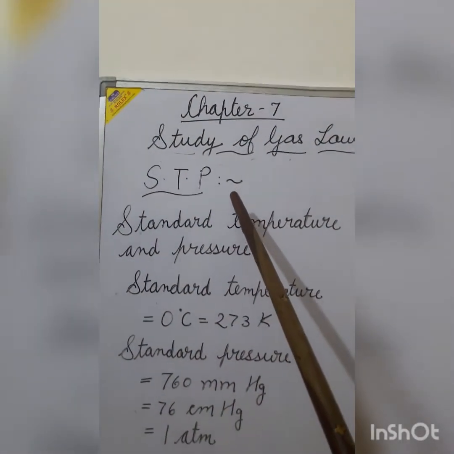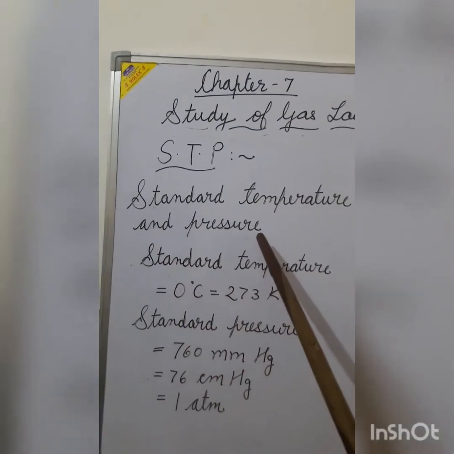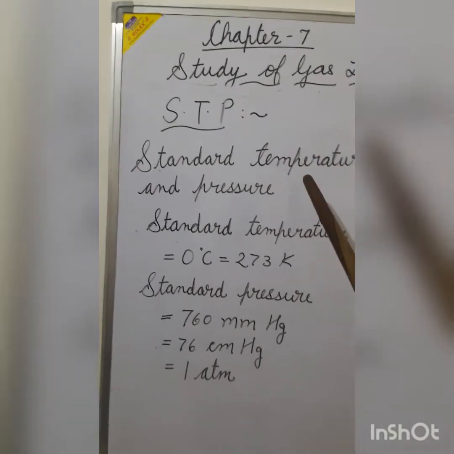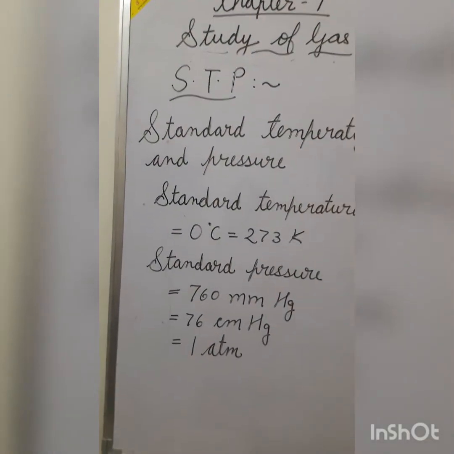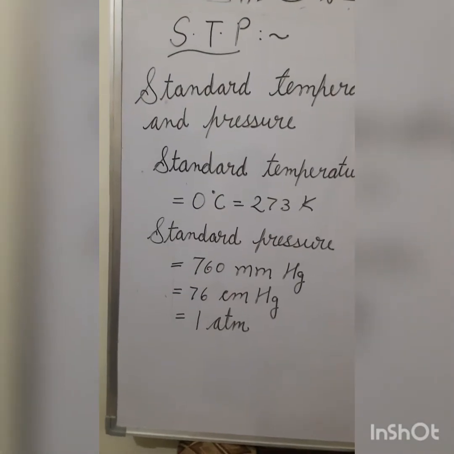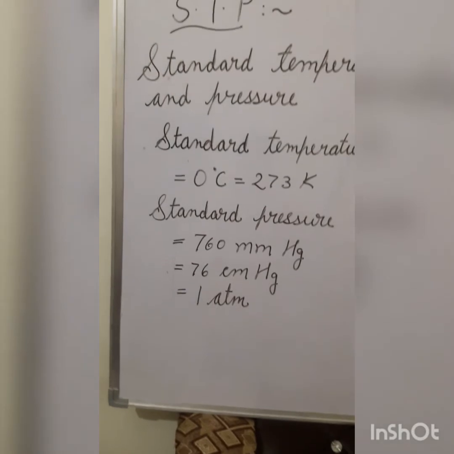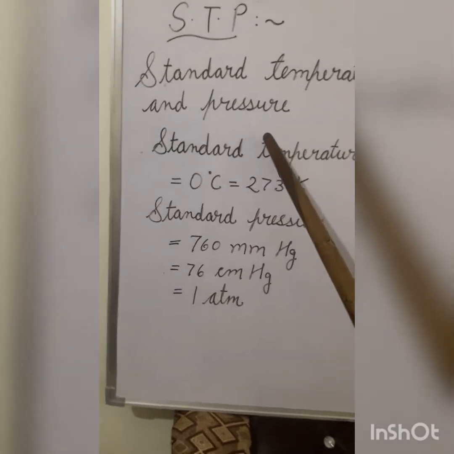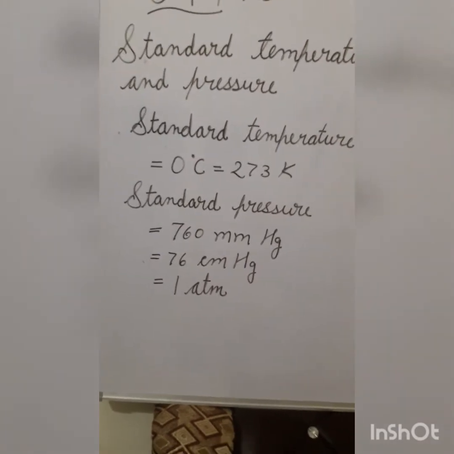STP. STP means standard temperature and pressure. Since the volume of the gas changes remarkably with the change in temperature and pressure, it becomes necessary for us to choose some standard values of temperature and pressure to which the gas volume can be referred.